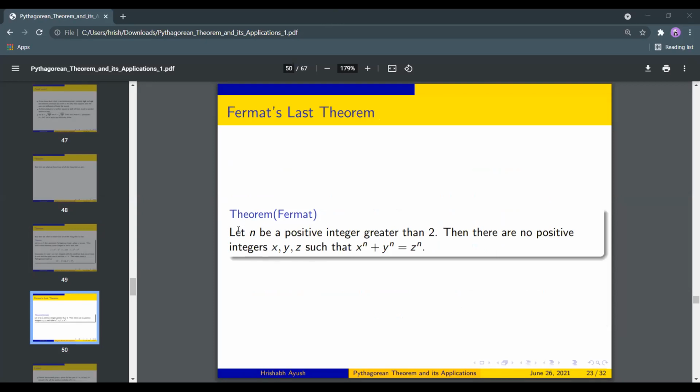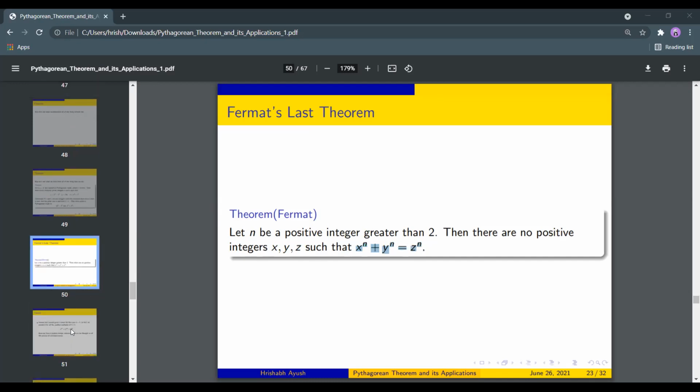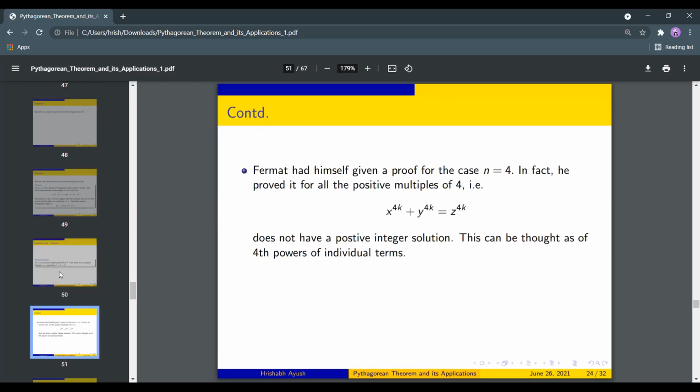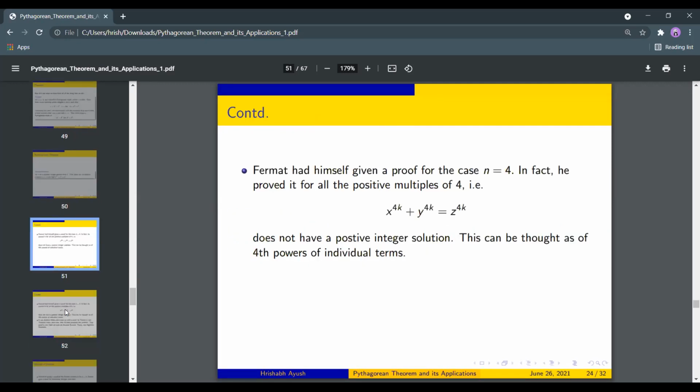So what Fermat did was he supposed that n is a positive integer greater than 2, then there are no positive integer solutions x, y, z such that x to the power n plus y to the power n equals z to the power n. So we'll be seeing this. This is Fermat's last theorem definition, and it's a very special thing.